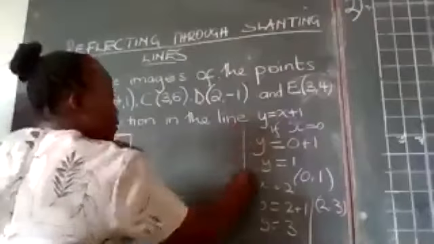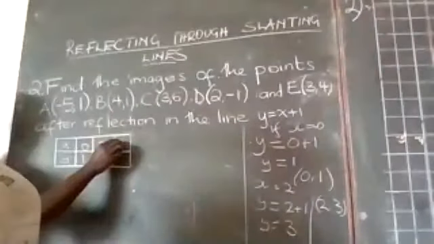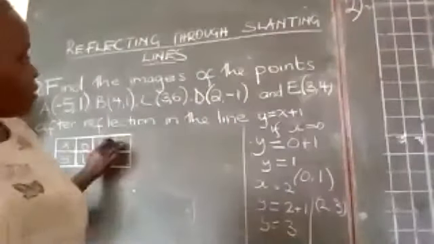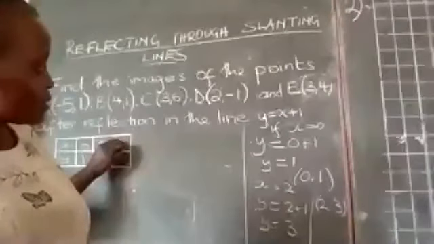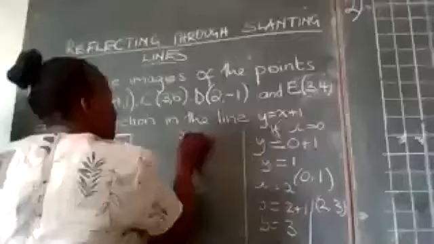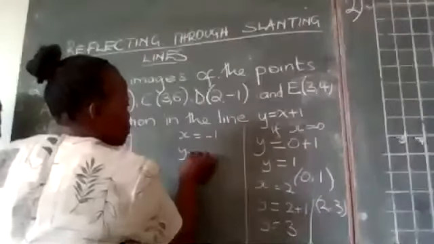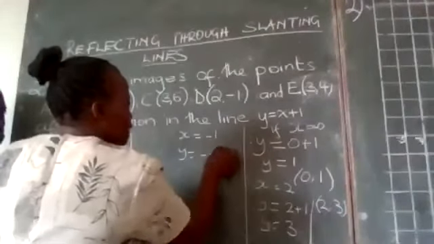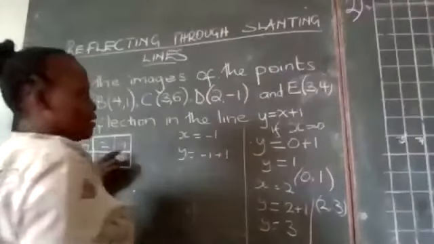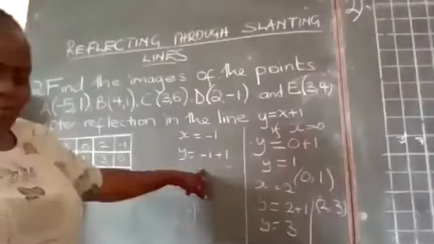Then we look for the third point. Another point. What is the value? -1. So if x is -1, then y will be equal to -1 plus 1. What is -1 plus 1?